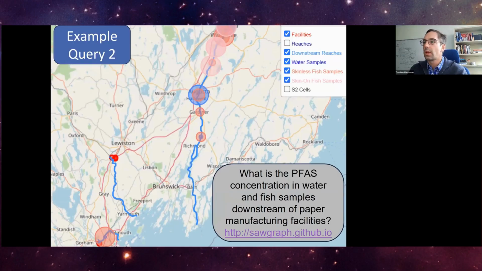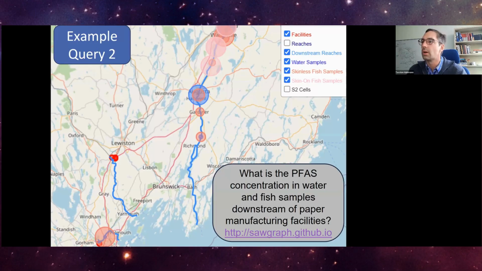The second query shows an example of tracing PFAS along rivers. So here we want to know for particular kind of facilities, for example, paper manufacturing facilities, what is the PFAS concentration downstream of those in both water and in fish samples.